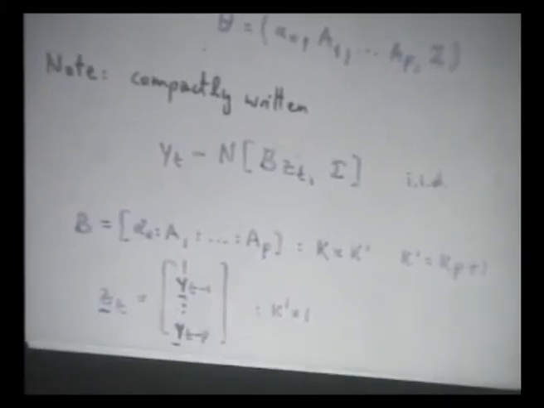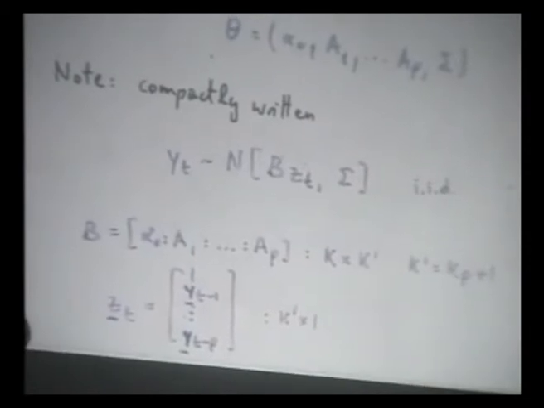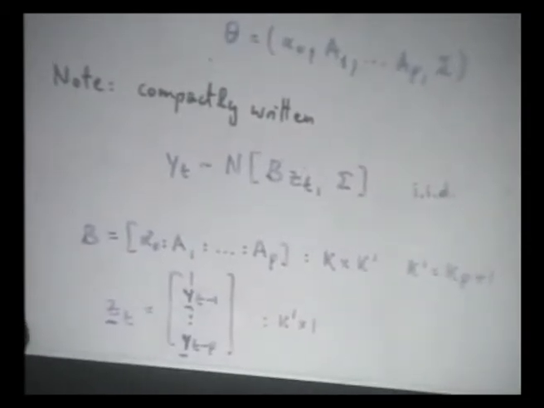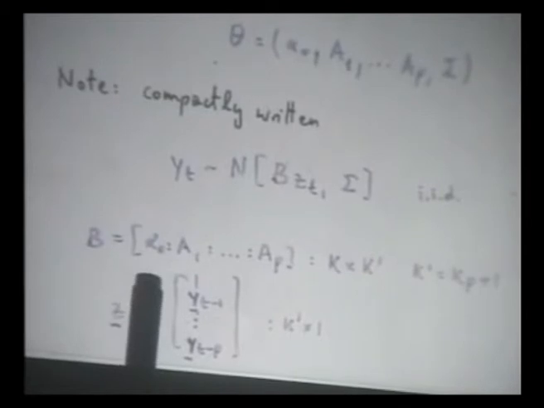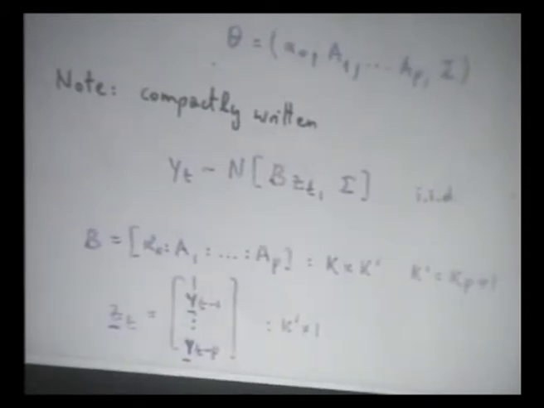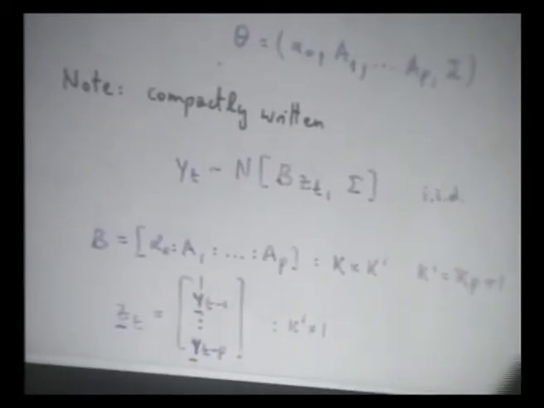So it has a much longer structure than in the univariate case, and B is the coefficient matrix which consists of all the blocks, vector block 1 to block Ap.